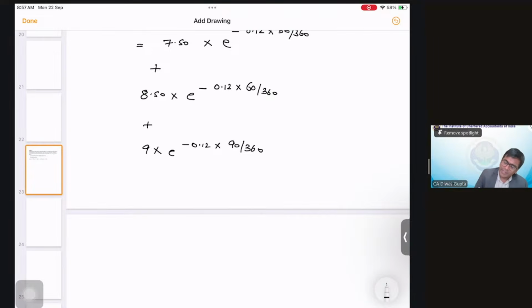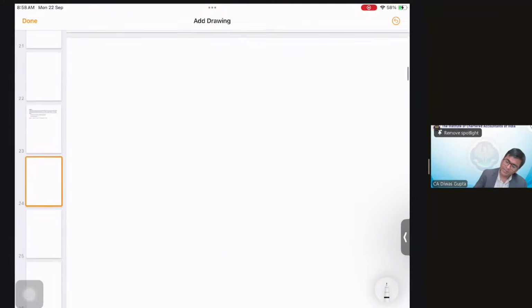So this was done using A is equal to P e raised to the power RT, or P is equal to A e raised to the power minus R into T, students. Clear? So these are the present value of dividends.